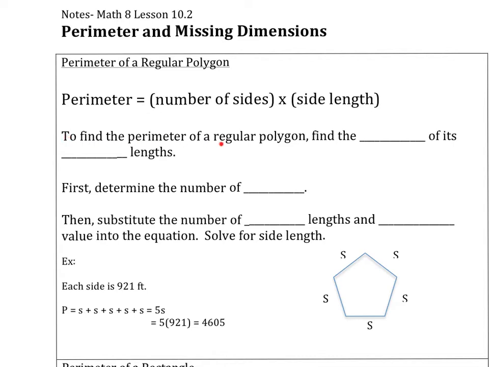To find the perimeter of a regular polygon, we must find the sum of its side lengths. First, we need to determine the number of sides.